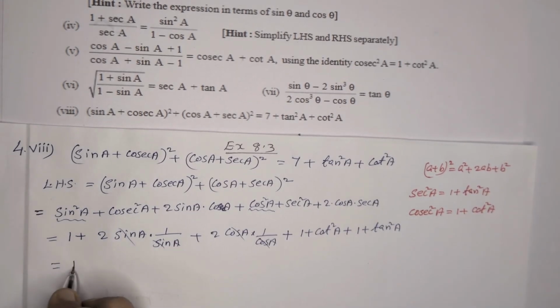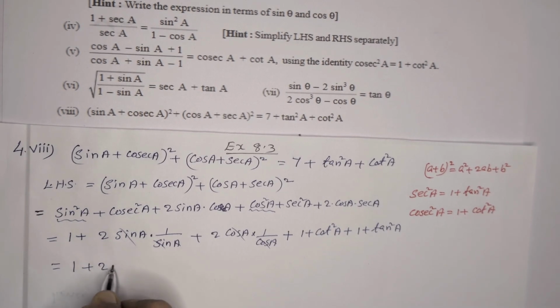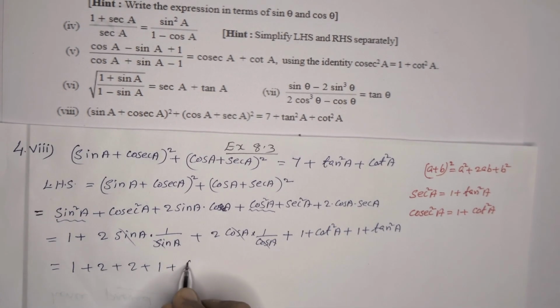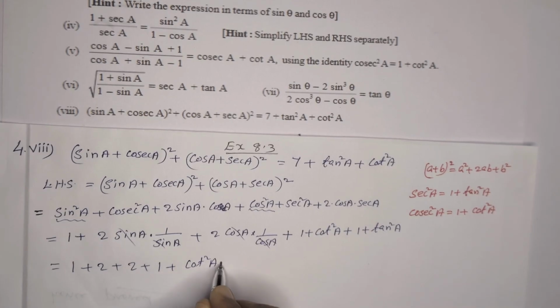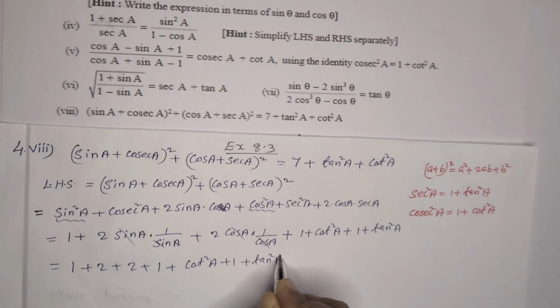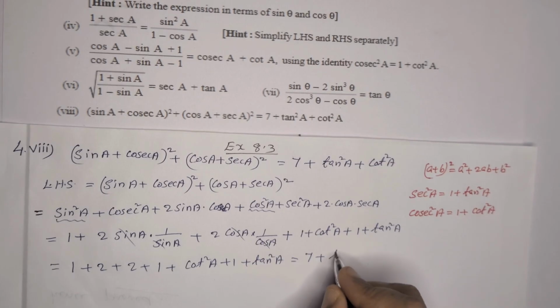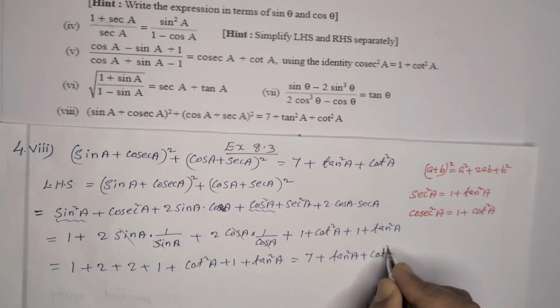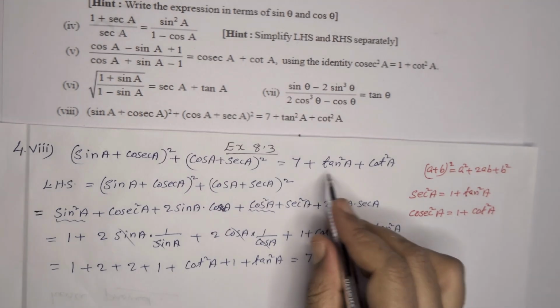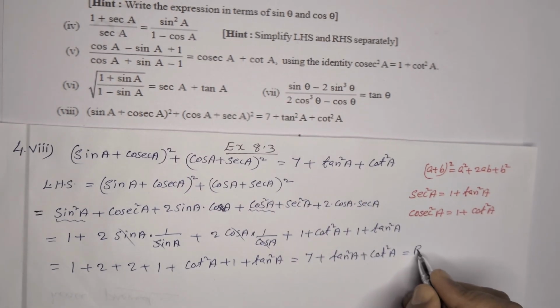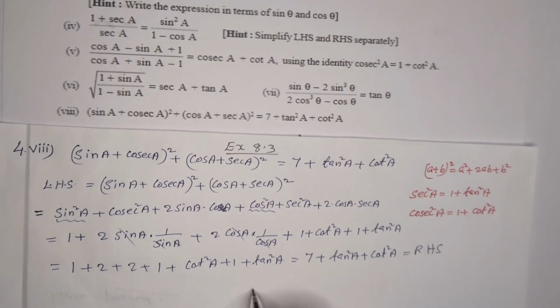Now what we are getting: 1, here 2, here also 2, plus 1 plus cot square A plus 1 plus tan square A. Now 2 plus 2, 4, 5, 6, 7. 7 plus tan square A plus cot square A, which is same as the right side, which is equal to RHS. So we can write hence proved.